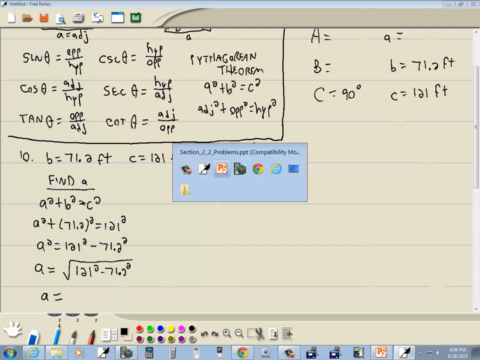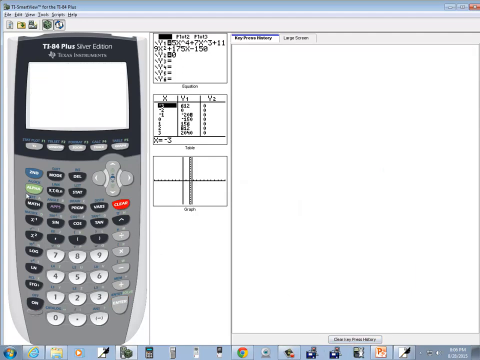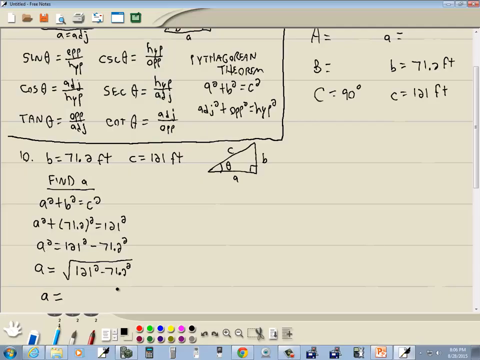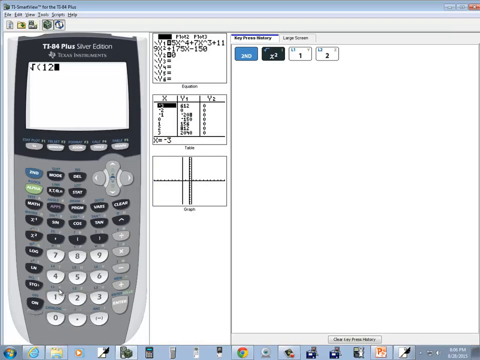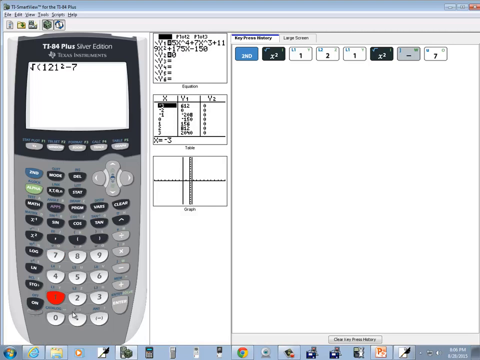So we got square root. So I do second x squared. And then we got 121 squared minus 71.2 squared. And then press enter.